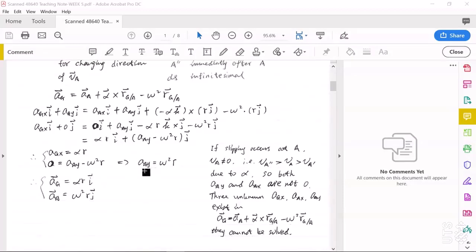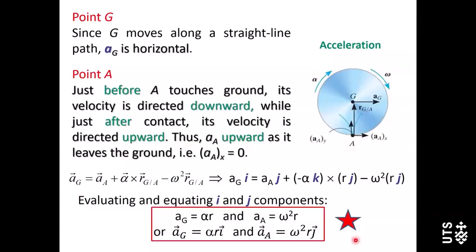Because AAX is 0, if we know AAY, we actually already know AA. These two equations, AG is equal to alpha r and AA is equal to omega square r, can be adopted directly.